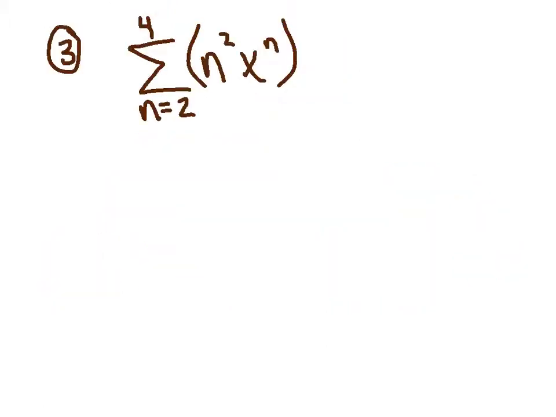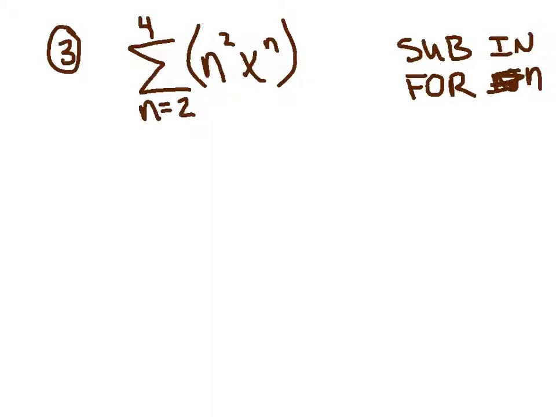Okay, our third example is the summation from n equals 2 until 4 of the quantity n squared times x to the n. Now the key here is we are substituting numbers in for n only. Okay, whoops, not capital N, lowercase n. In for n only, okay? We're not substituting anything in for x.